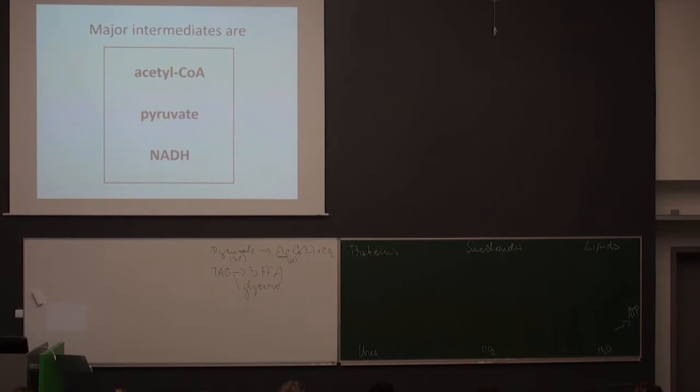So, where do we produce the majority of ATP in our body? How do we call the pathway? Oxidative phosphorylation, very good. And one step ahead, oxidative phosphorylation is called? That's the whole chain, the electron transport chain or respiratory chain.